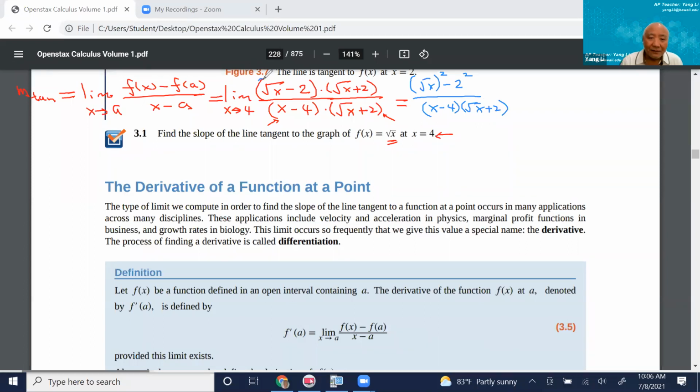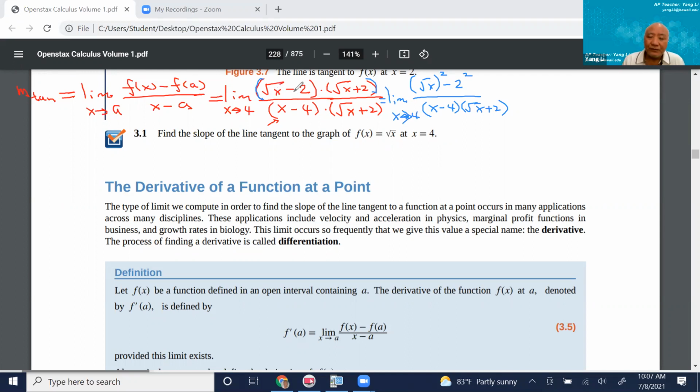Okay, why does this one equal this? Of course, don't forget, when you do the work, you always remember to put the limit there, okay? Don't forget that. x approaches 4, like this. Let me show you how.